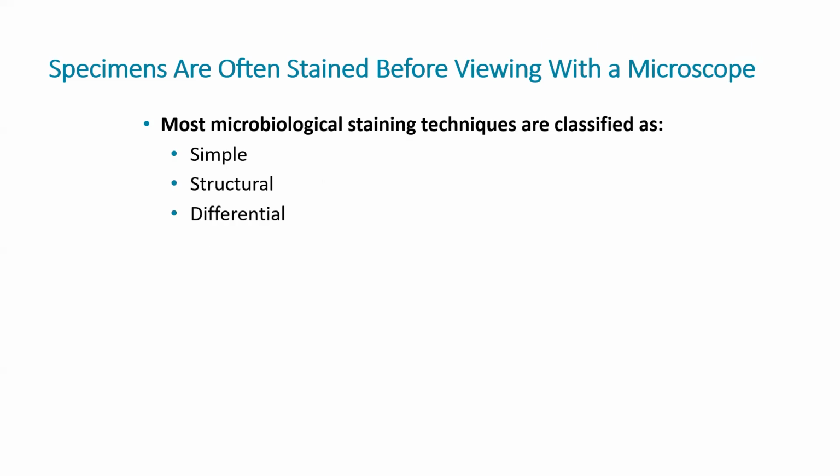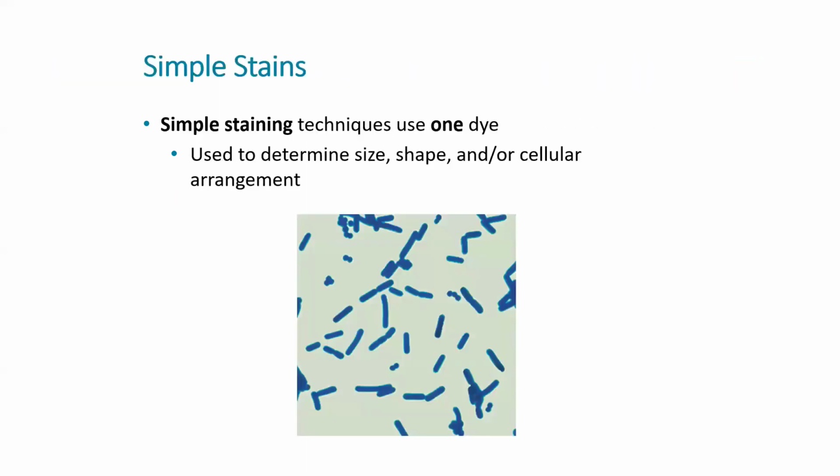When we think about these different staining techniques, they fall into three main categories: simple, structural, and differential. Our simple stains are just going to use a single dye, and they're going to be used to determine some basic characteristics of the cell, like its size and shape.